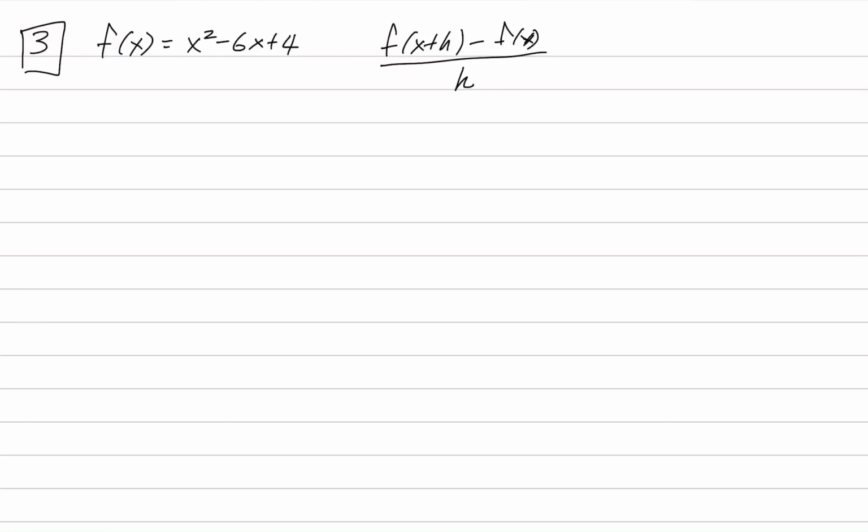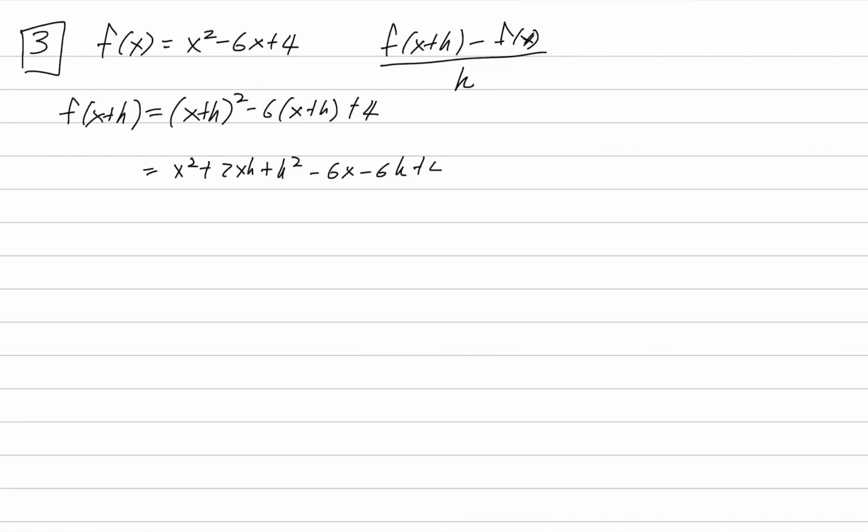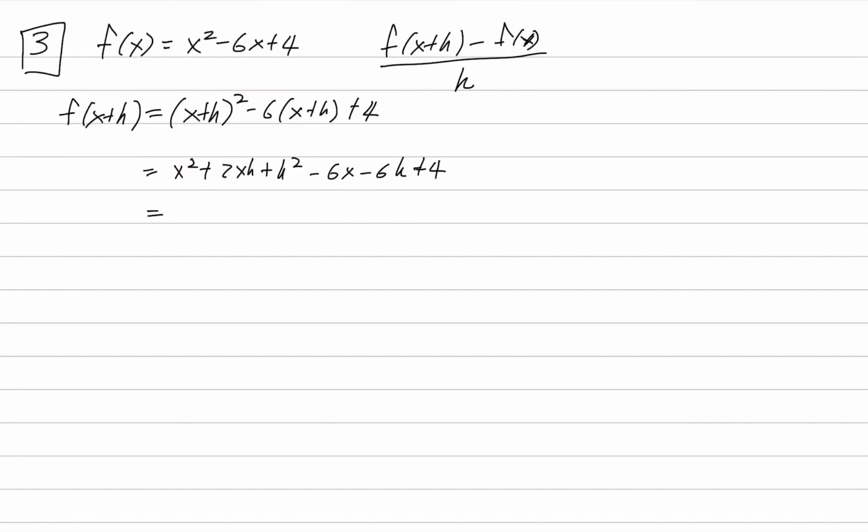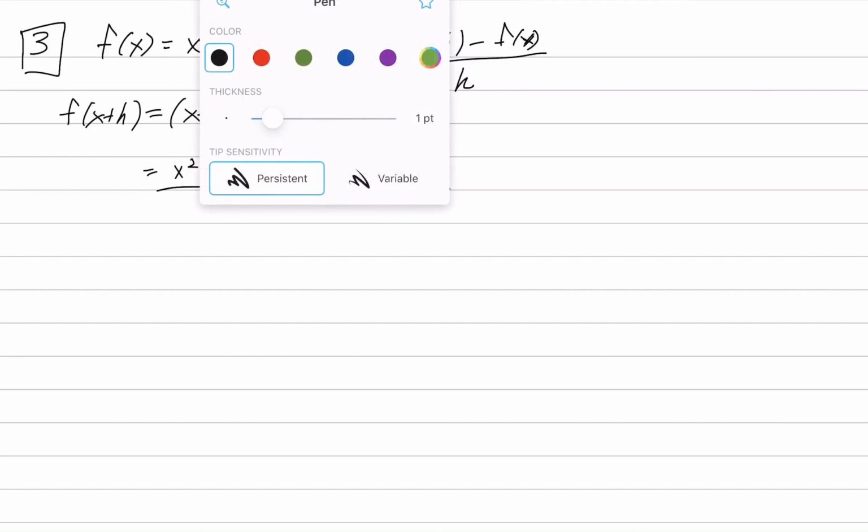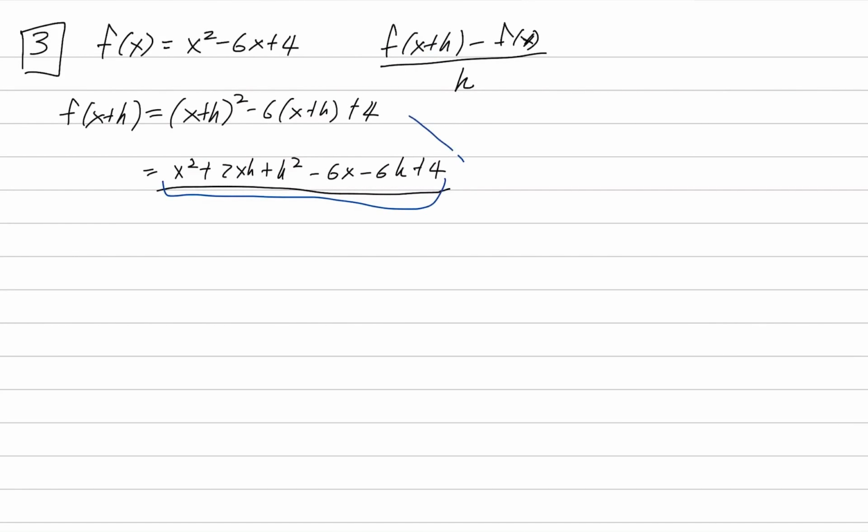Okay. So let's find this. First, find f of x plus h first. So we have x squared plus 2xh plus h squared minus 6x minus 6h plus 4. Then we can leave it like this for now. So this part will essentially go right here, right?